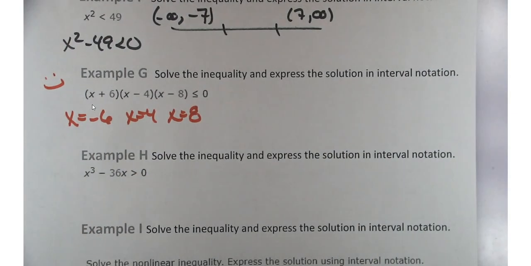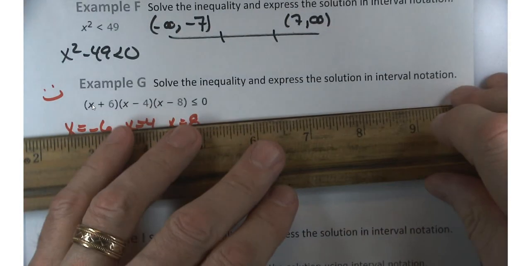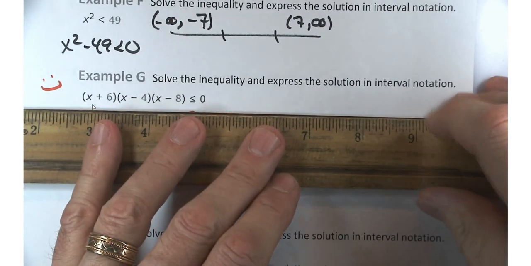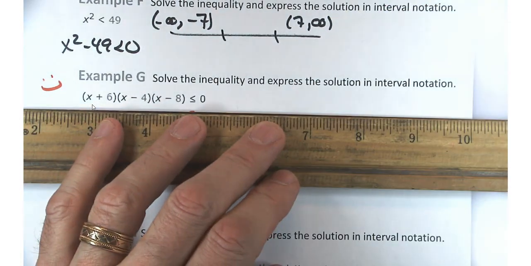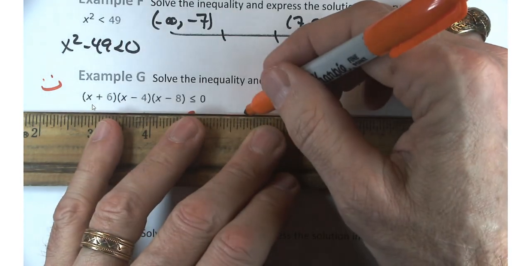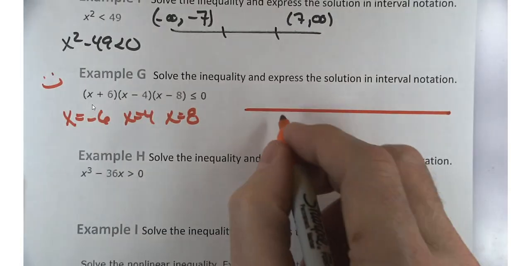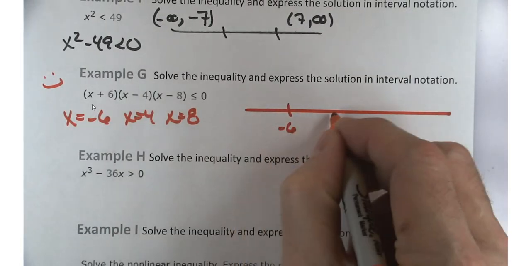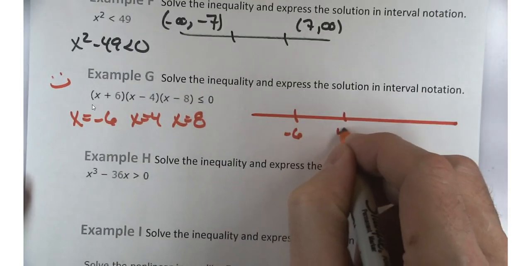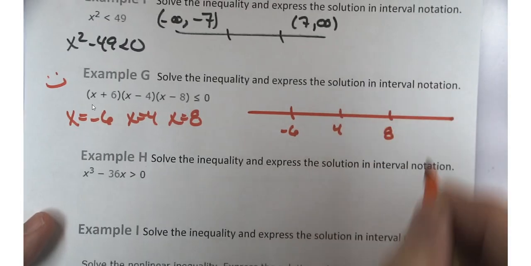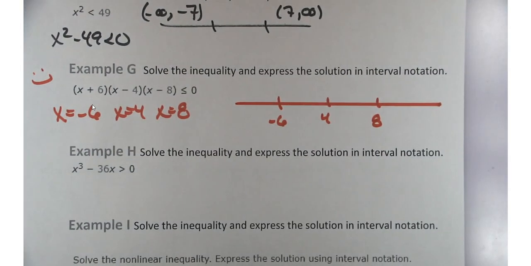Great. Let's put those on a number line again. There's going to be something a little bit different about our number line this time. Make sure you put these on in order. So now we've got 4 intervals, right?